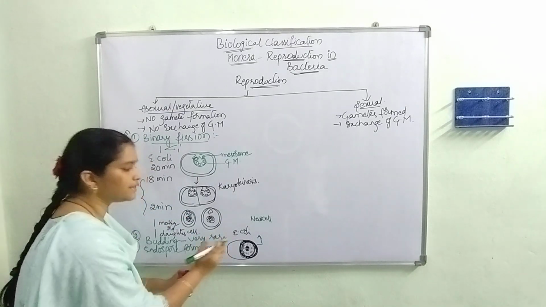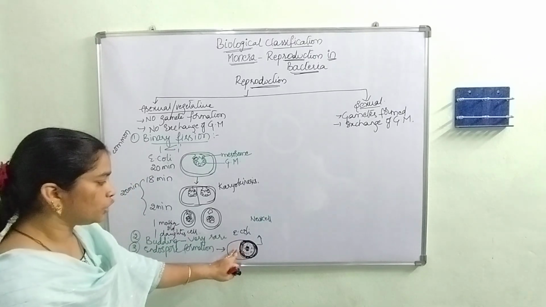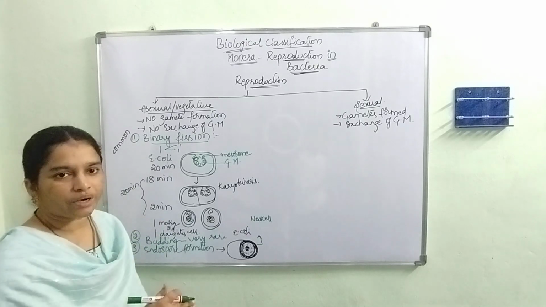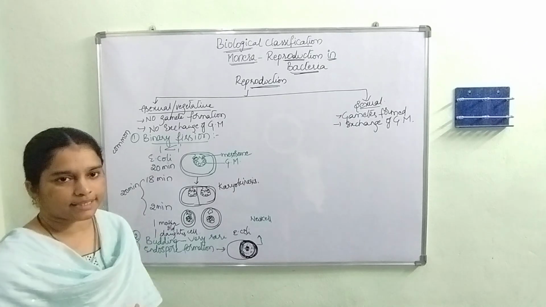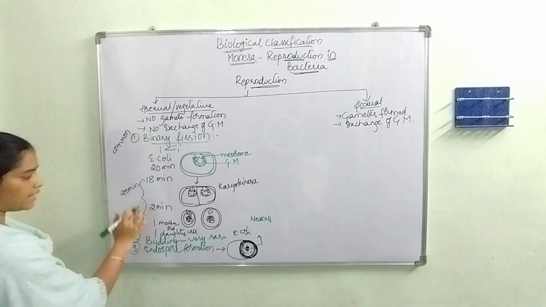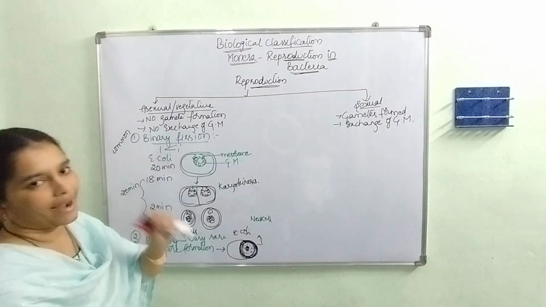The existing cell just wakes up. It gets into sleep and wakes up into a new cell. There is no formation of a new or daughter cell in this type. These are the asexual or vegetative types of reproduction performed by bacteria.